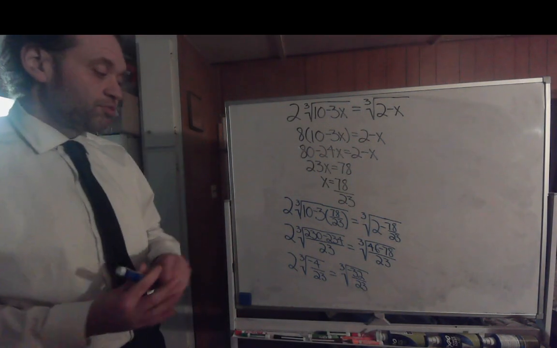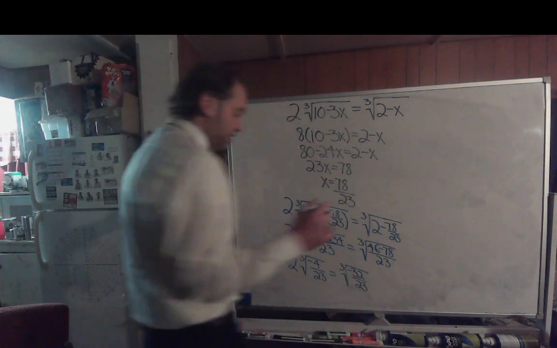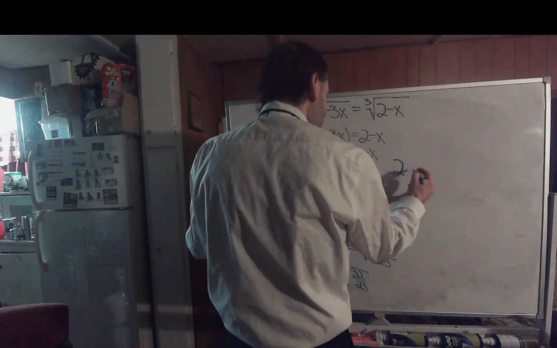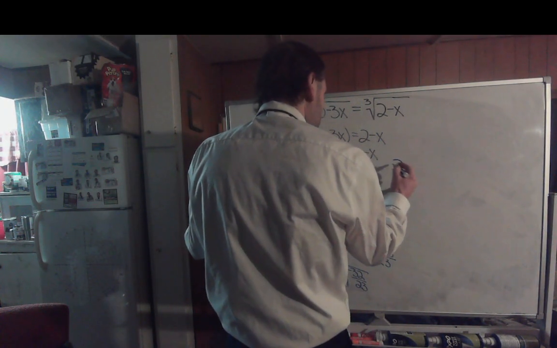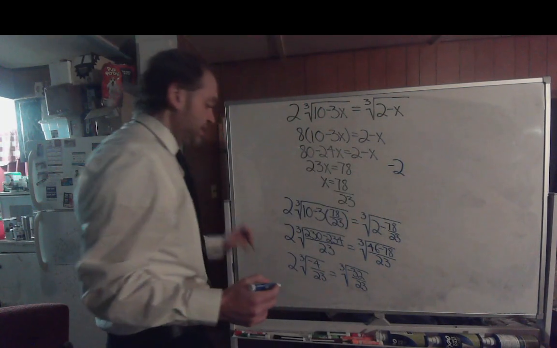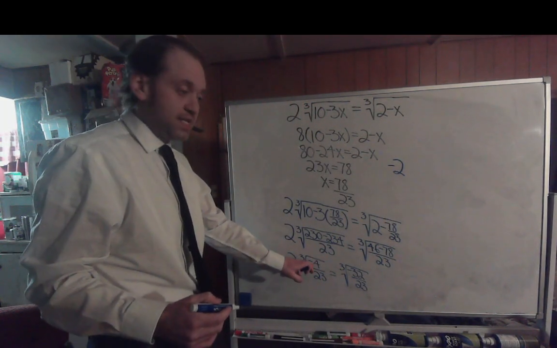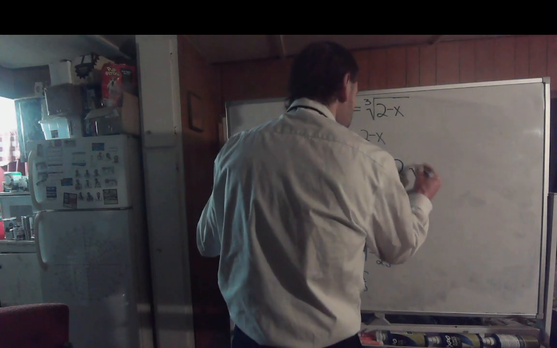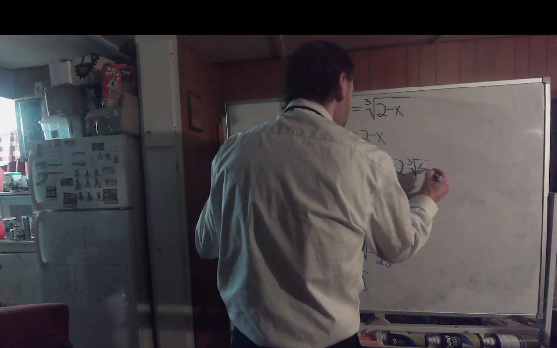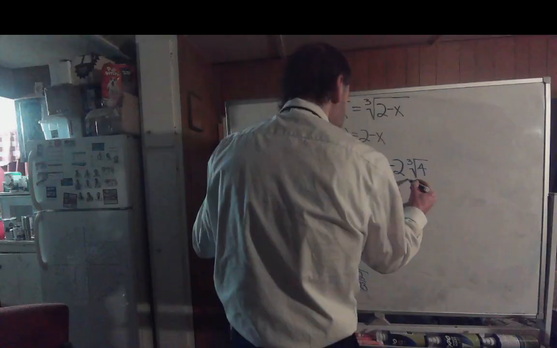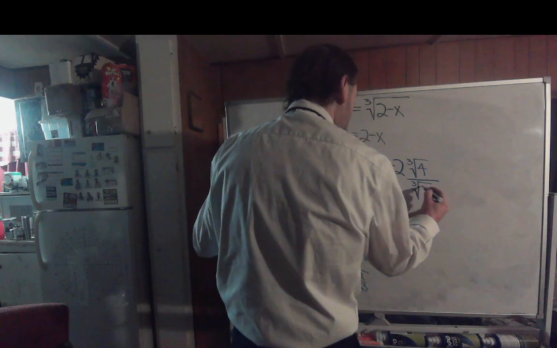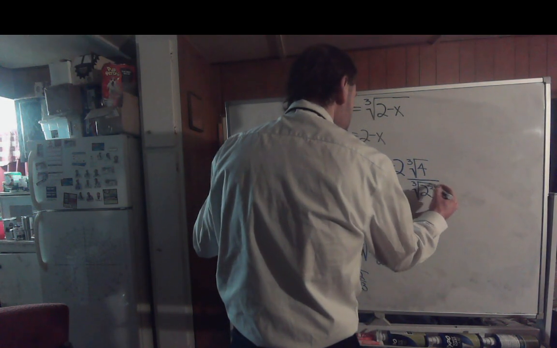So here's how you probably want to put this into your calculator. Actually take negative 2, because if you have a negative, you can extract a negative 1 outside the cube root, right? So negative 2 times the cube root of 4 divided by the cube root of 23, because you could separate roots.